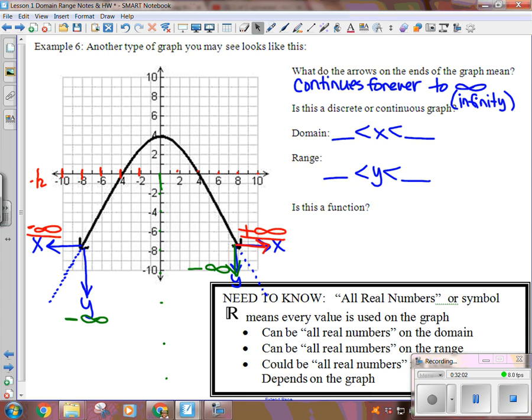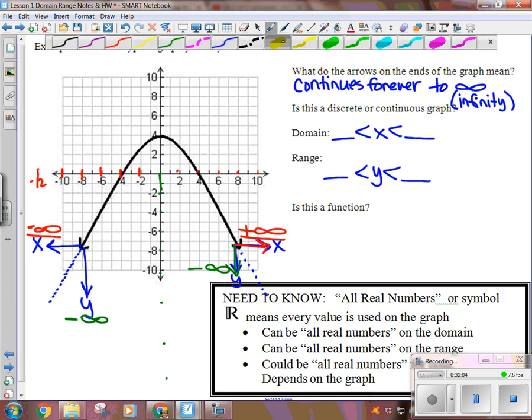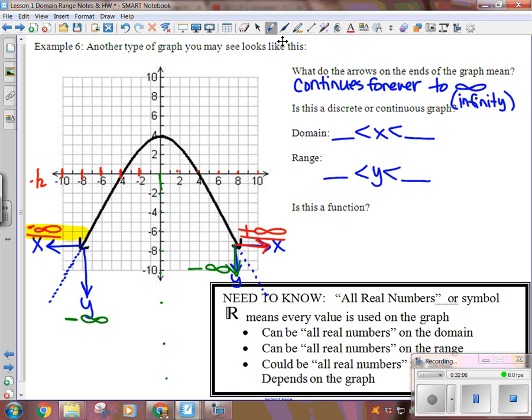If you follow yourself coming in, this time, what is the smallest number we're coming from in the X direction? Remember, those numbers are going to continue forever and ever and ever. They're going to get more and more negative, and technically they're getting smaller and smaller.